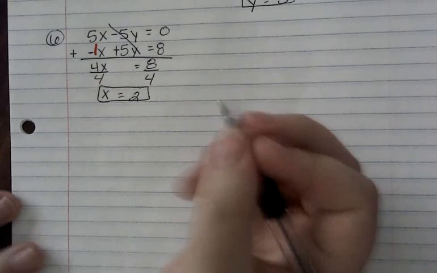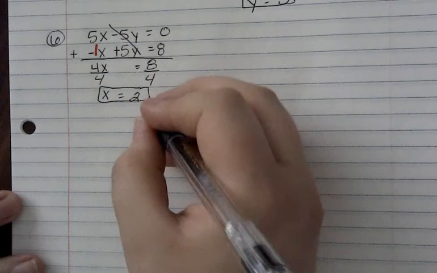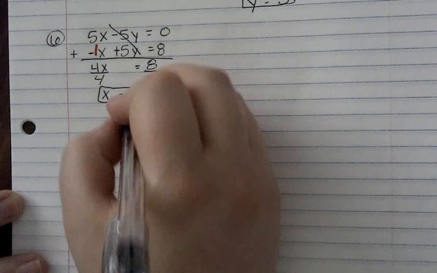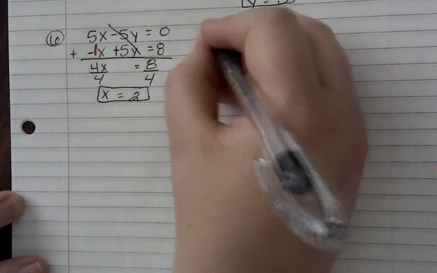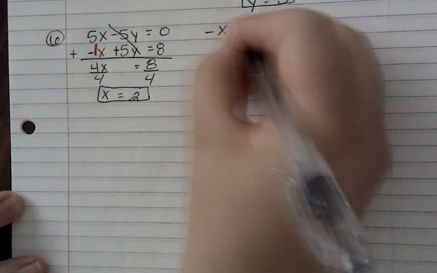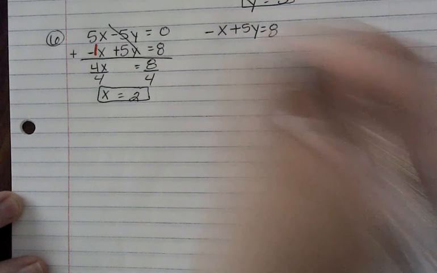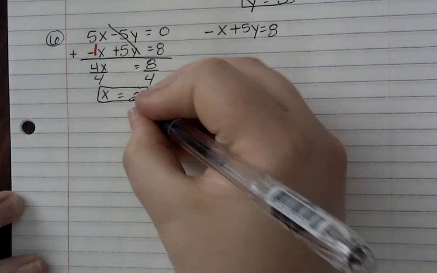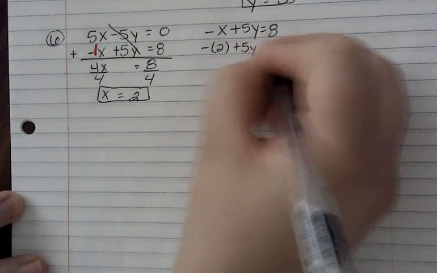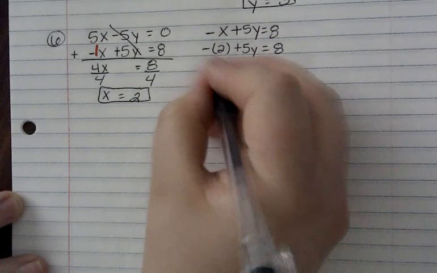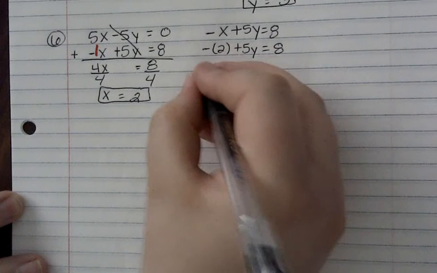Now I have to find my y value. So I'm going to plug this 2 in place of x in one of my equations. This time I'm going to choose the bottom equation. So negative 2 plus 5y equals 8.